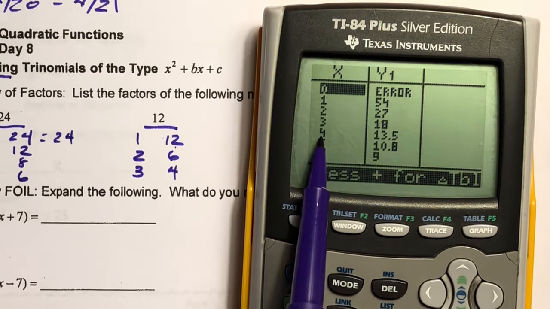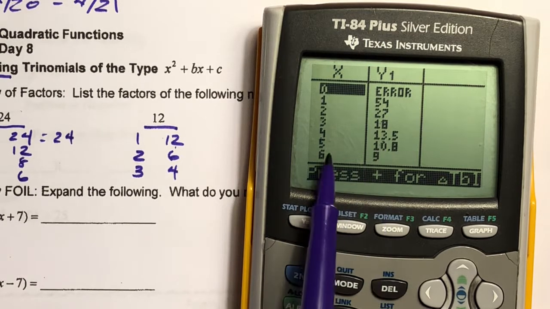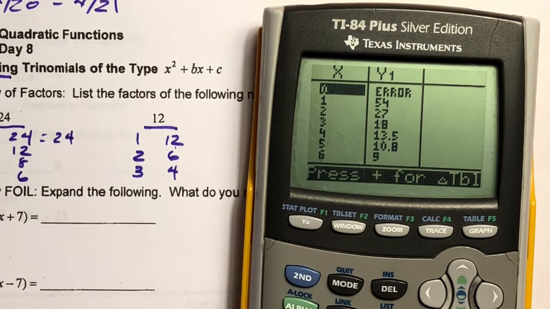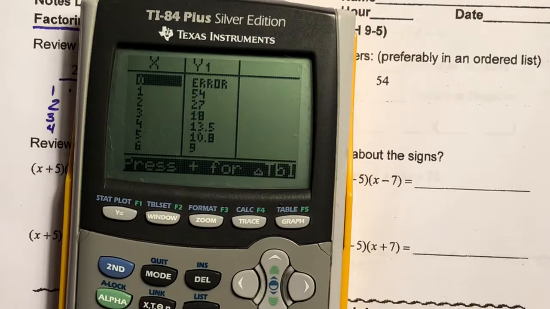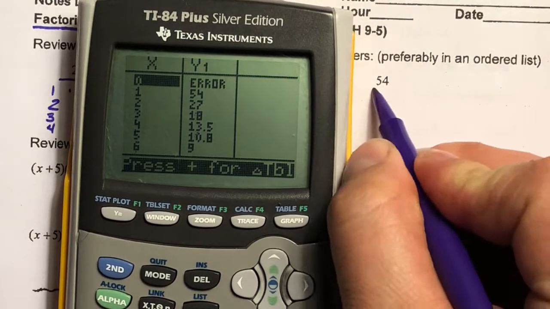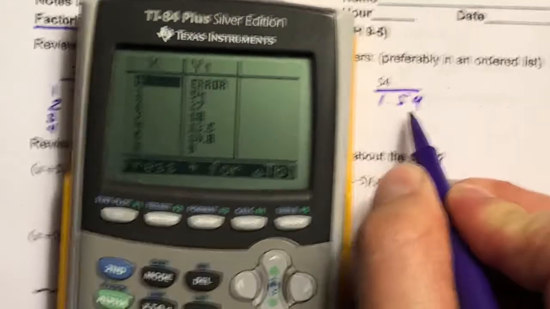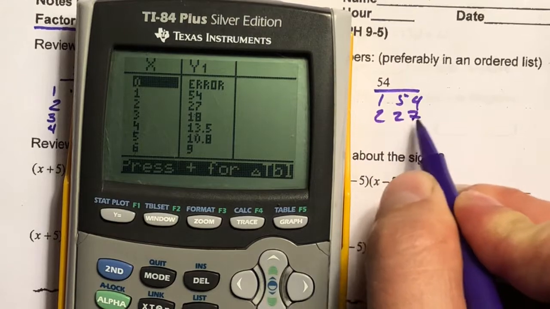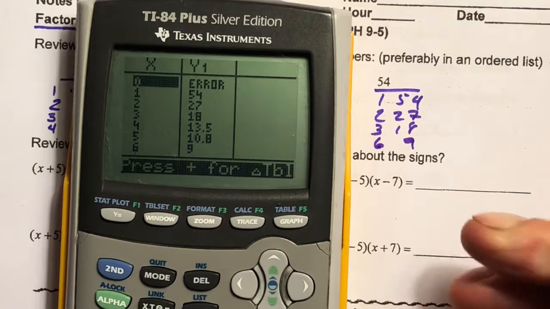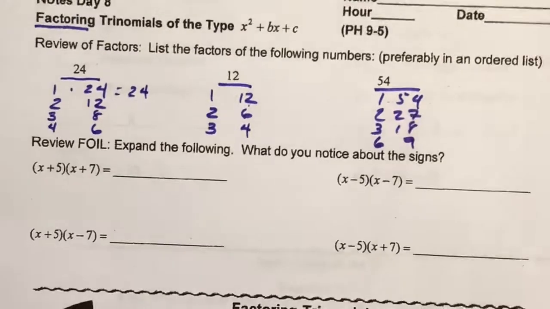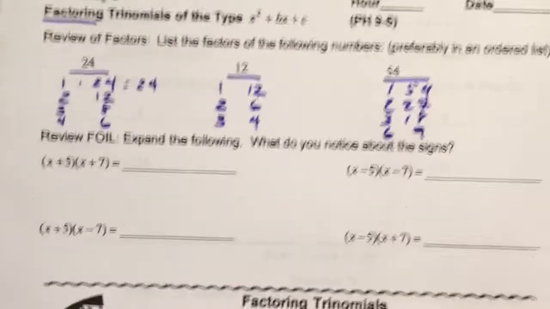Now 4 is not a factor because it does not go in there evenly. And then 6 and 9. So those are my factors, an easy way to find them. So once again, the factors of 54: 1 and 54, 2 and 27, 3 and 18, and 6 and 9.